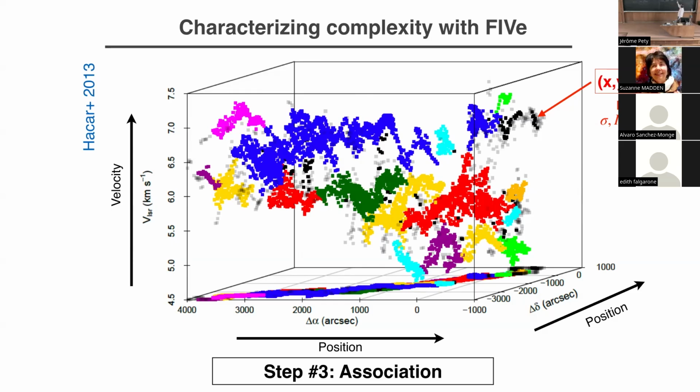So what you can see directly in this plot is that, again, what looks like a very simple structure in position space is actually quite complex in position velocity, with multiple structures, and how many depends a bit on these parameters I just told you, but many structures are superposed along the line of sight.